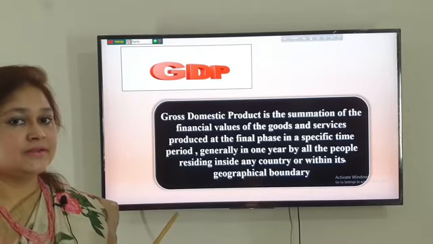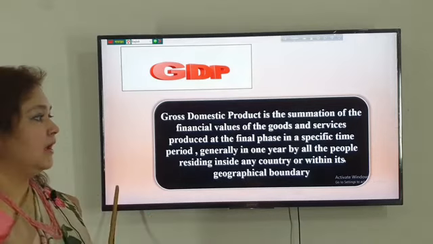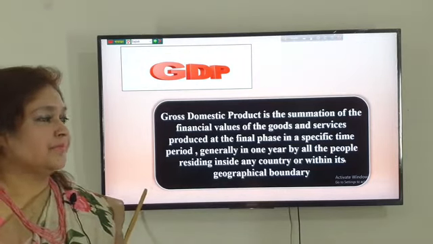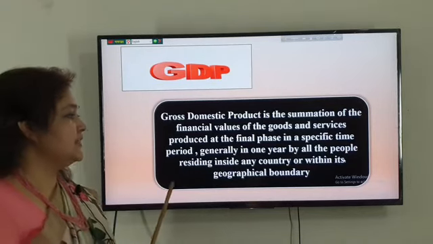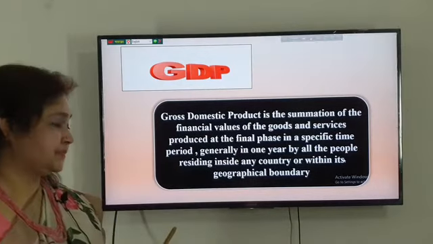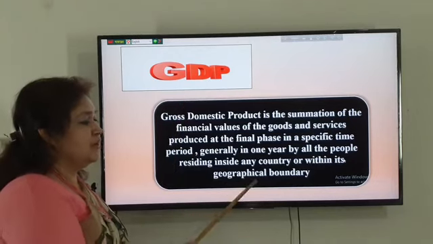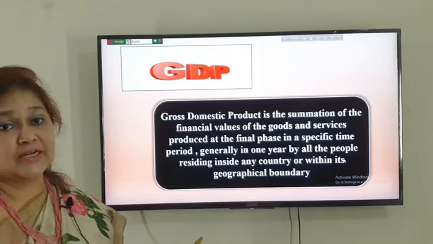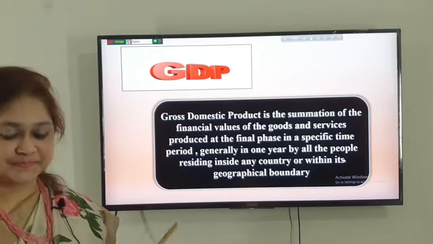Fiscal year starts from 1st July, and this year ends on 30th June of the next year. So when we count GDP, the geographical boundary is very important. I mean those who live inside a country, only their income will be counted here.